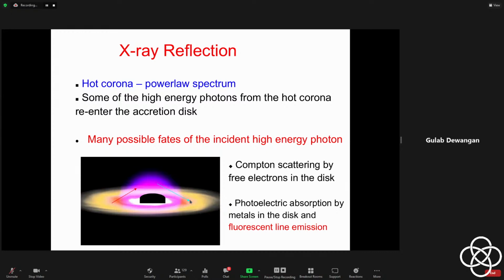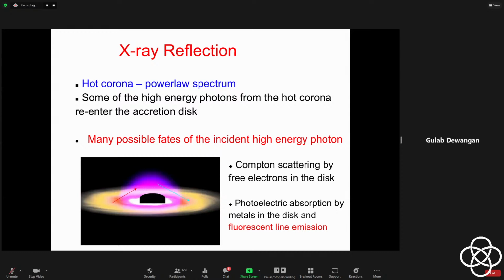So these free electrons will act like a mirror and reflect the power law into a power law only. Then some of the photons, because there are heavy elements like iron, carbon, nitrogen, etc., have bound electrons. So there will be photoelectric absorption of some of these X-rays.